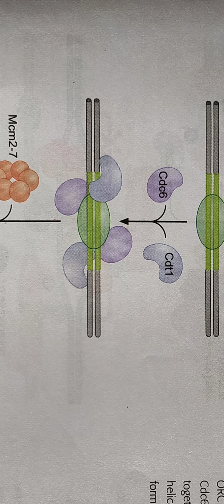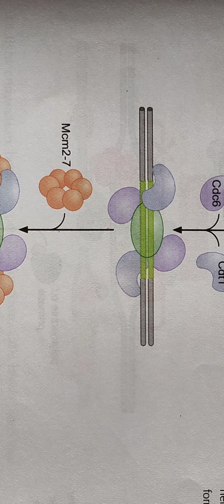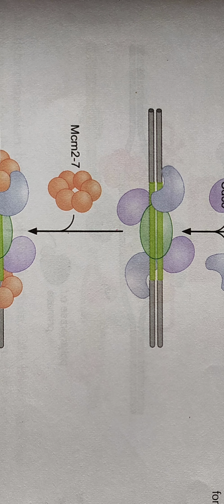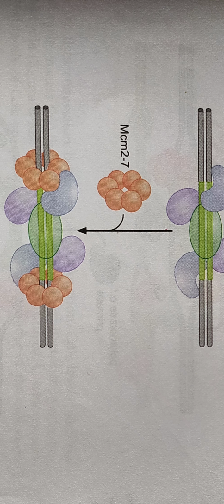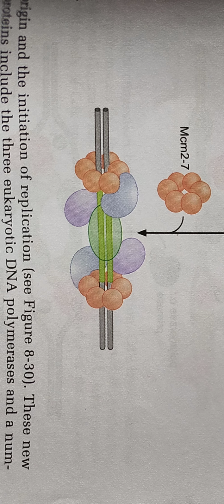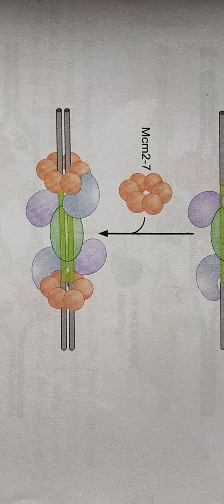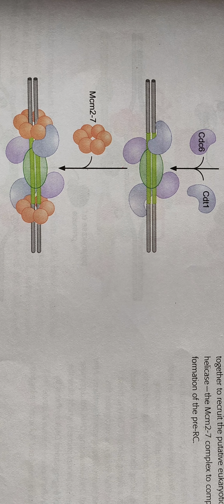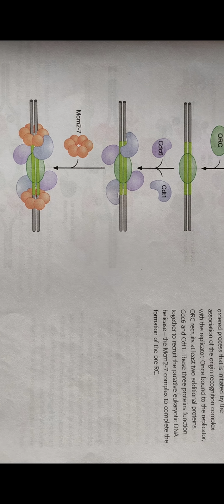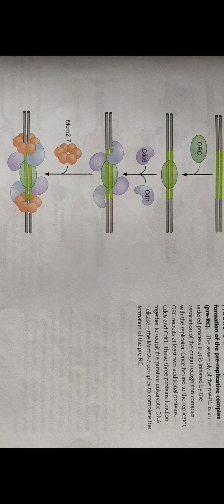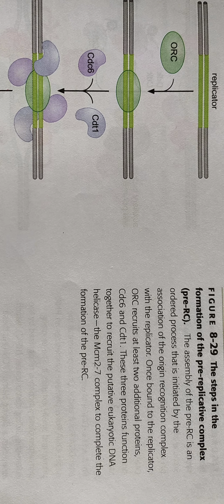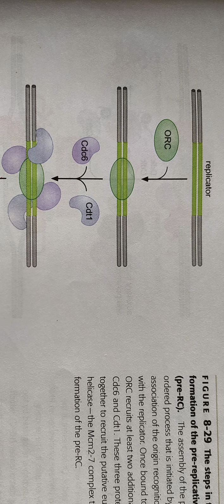These helicase loading proteins then allow the MCM2-7 complex to bind. The MCM complex is thought to have a structure and function similar to a helicase. In this way, initiation of replication in eukaryotes begins. It is given in figure 8.29 in your Watson book.